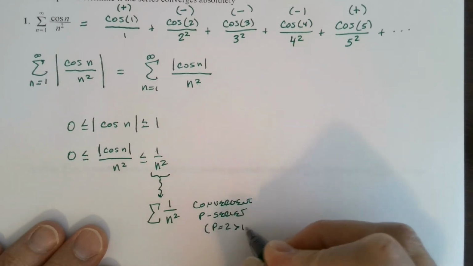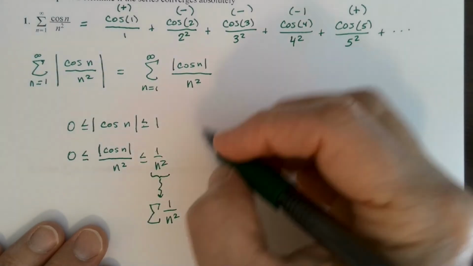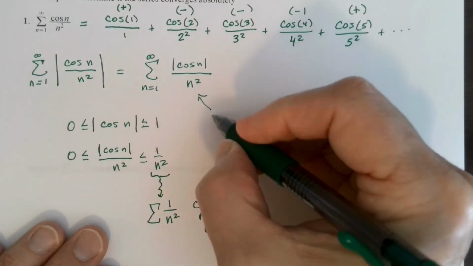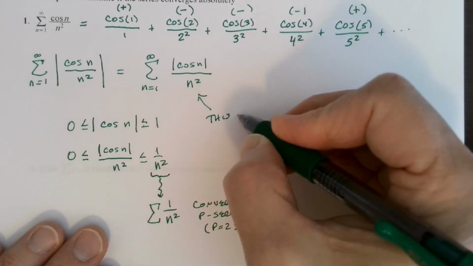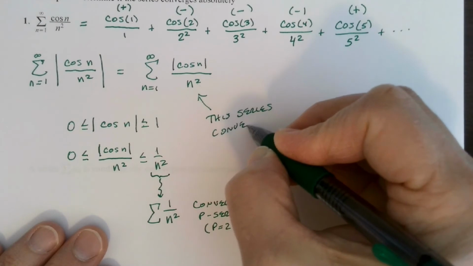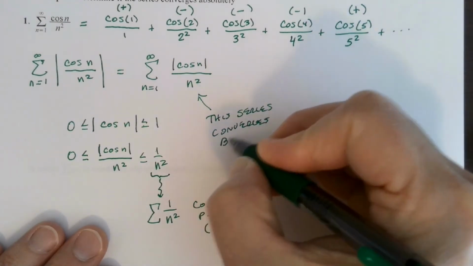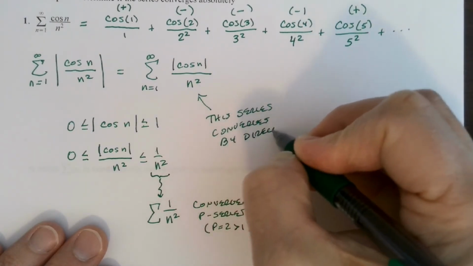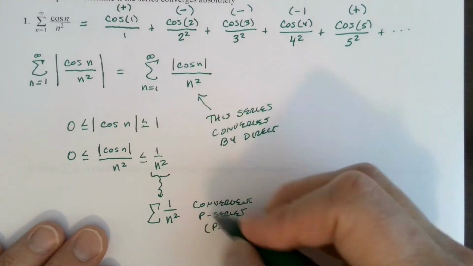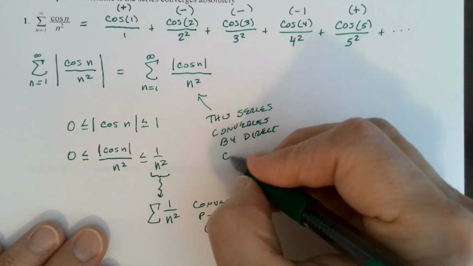Anything greater than 1, the series is convergent. And therefore, we can say what? That this series converges by direct comparison. So we're directly comparing it to this convergent P series.